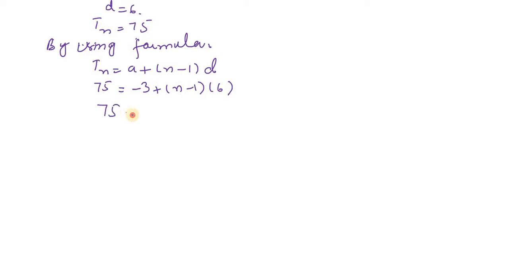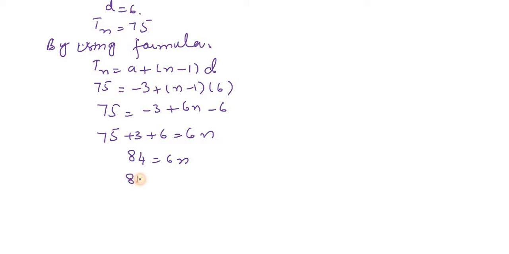So 75 is equal to -3 plus 6n minus 6. 75 plus 3 plus 6 is equal to 6n. 75 plus 9 is 84. 84 upon 6, here n is 14.